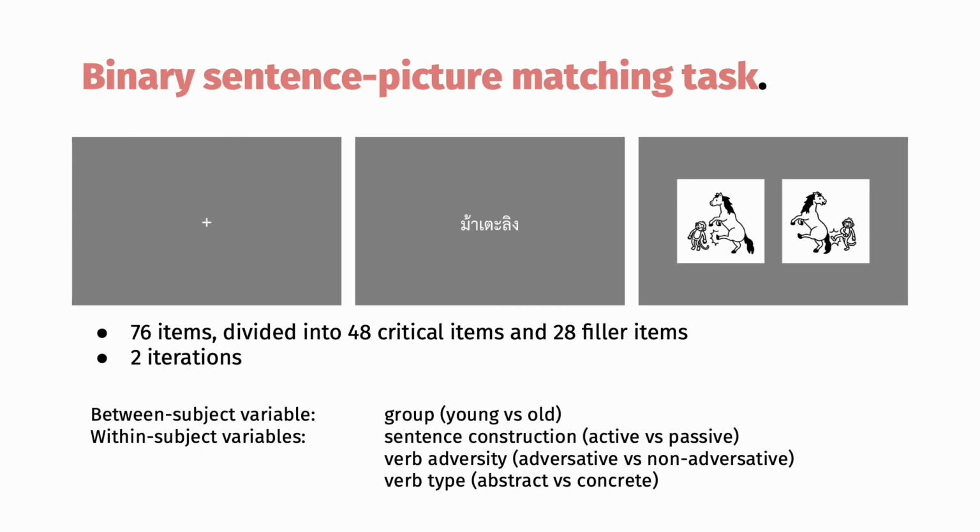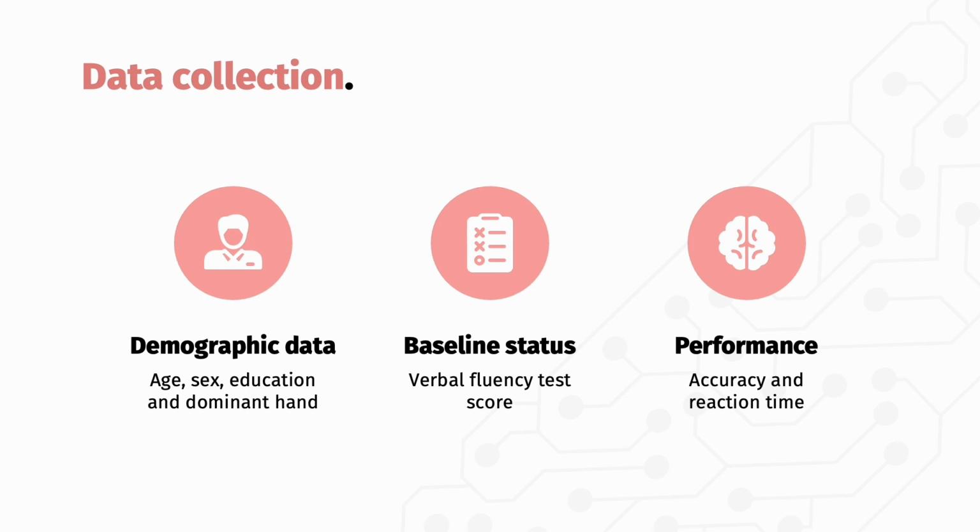There are 76 items divided into 48 critical items, which are the 48 sentences previously mentioned, and 28 filler items. Each participant performed 2 iterations. Here we collect the demographic data, baseline status from verbal fluency tests, and the performance, which are accuracy and reaction time.